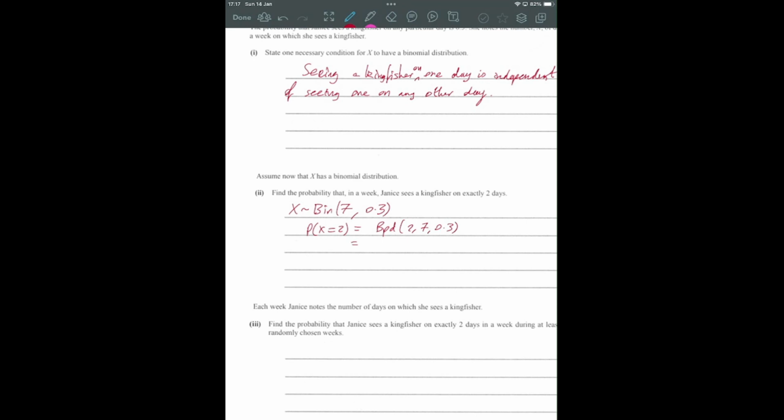This is where I desperately try and remember where the BPD is, and there it is. So 2, 7, 0.3 gives me an answer of 0.3176, etc. And quote my final answer to 3 sig fig.